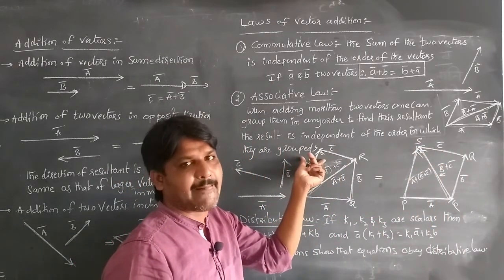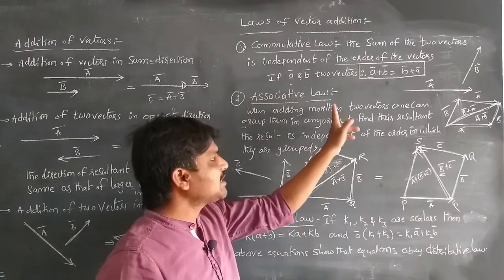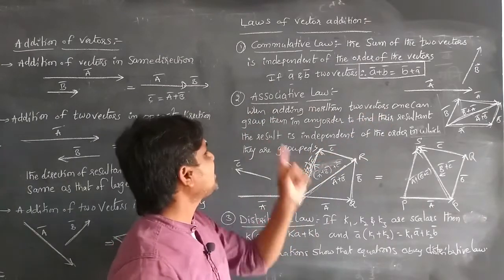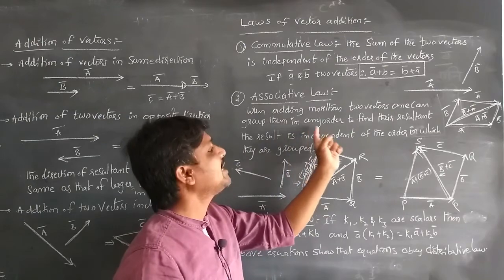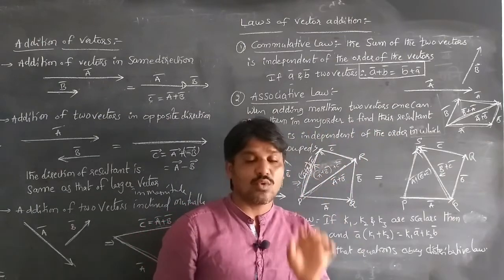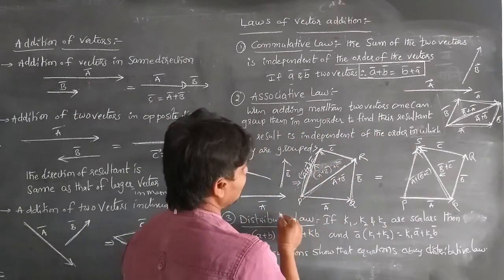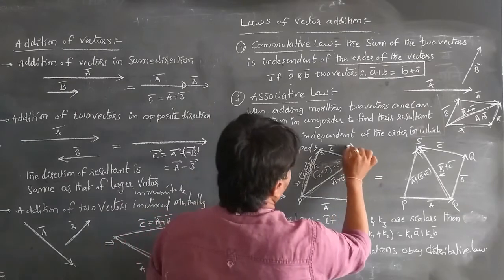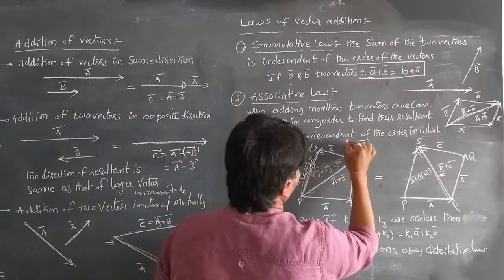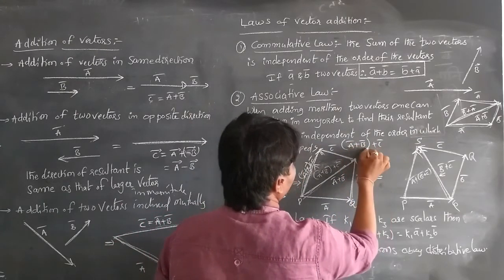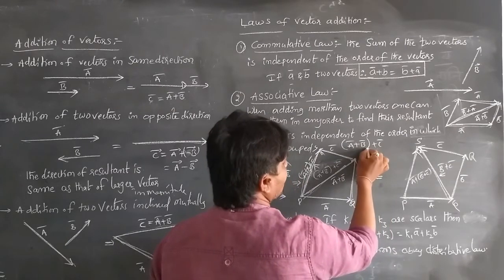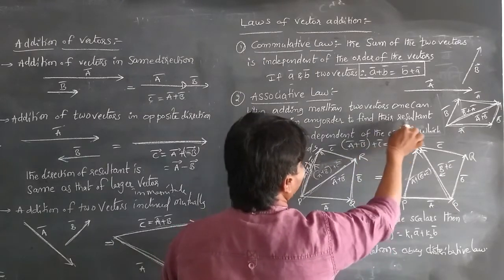Means when adding more than two vectors, one can group them in any order to find the resultant.